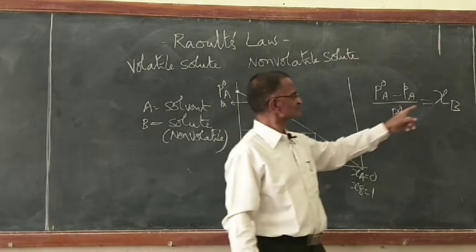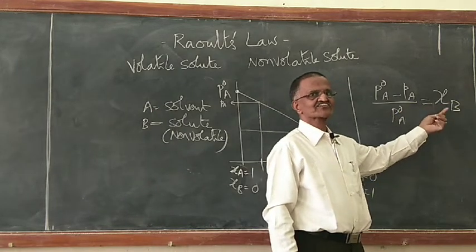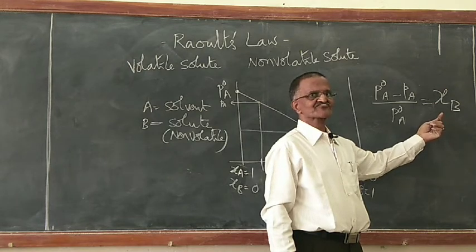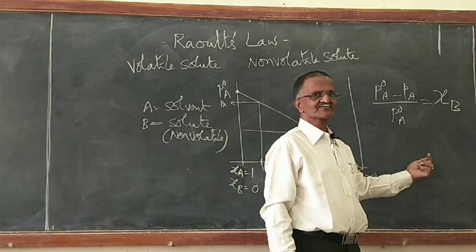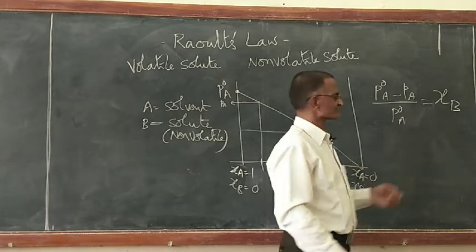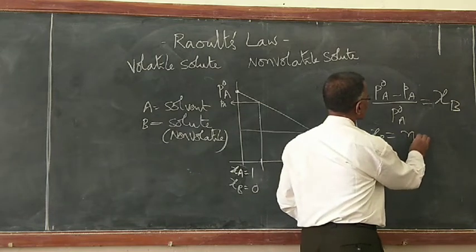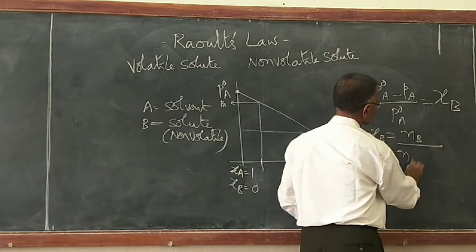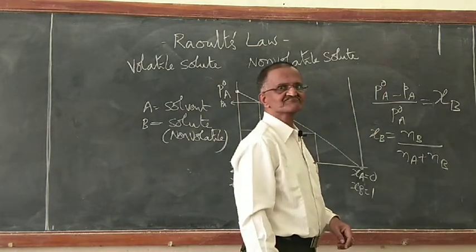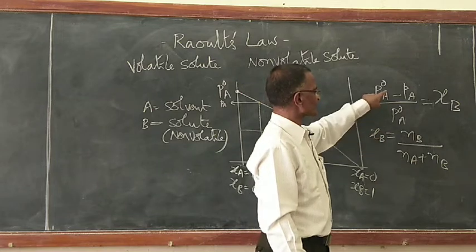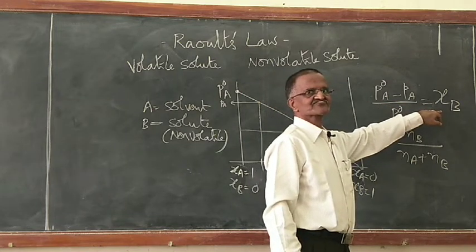It is the number of moles of B in the total solution divided by the total number of moles of particles present in the solution. What we had represented as xB equal to nB by nA plus nB. So, if I find the relative decrease, I can find the mole fraction of the non-volatile solute present.